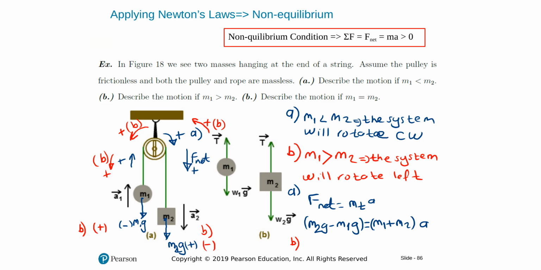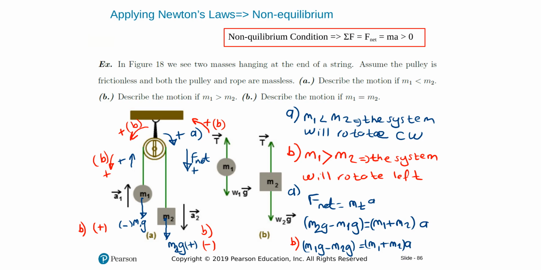This will switch, and that's all. So we will have now M1G minus M2G equals M1 plus M2 times A, and we'll solve for A from there.